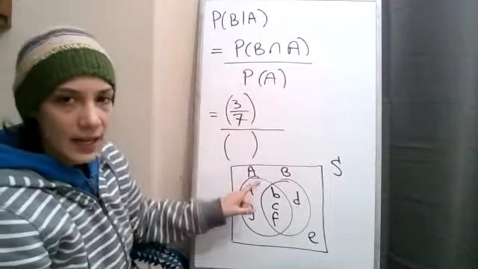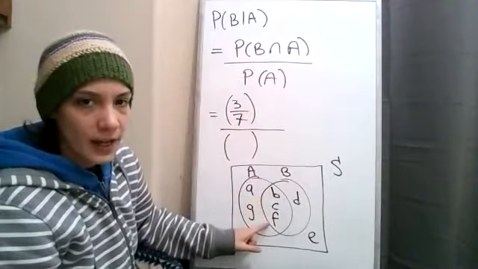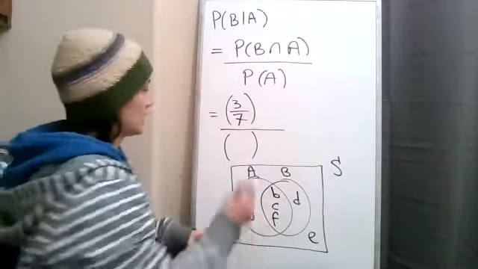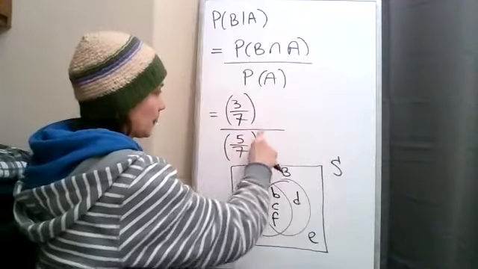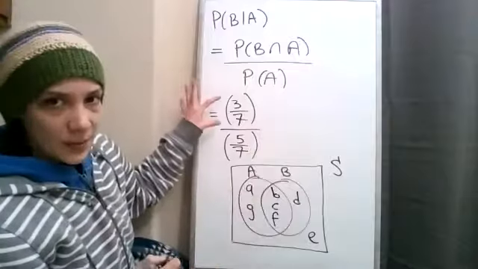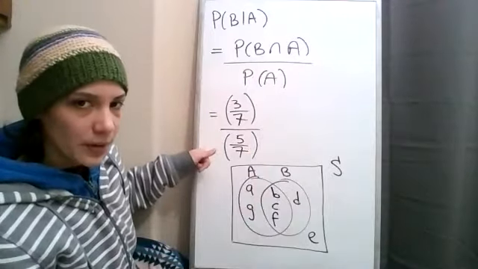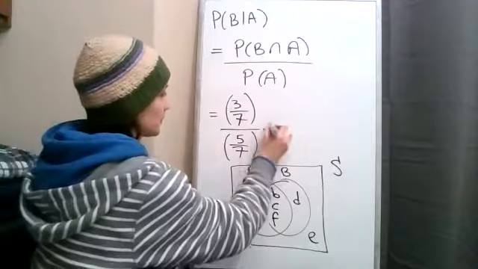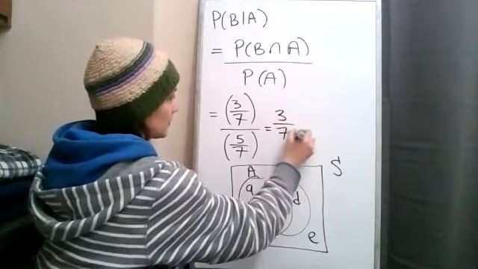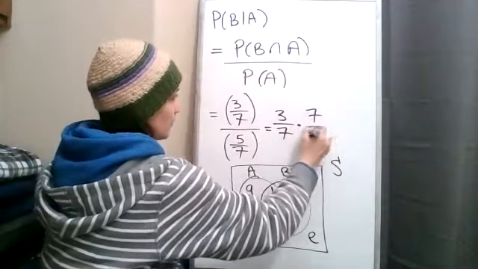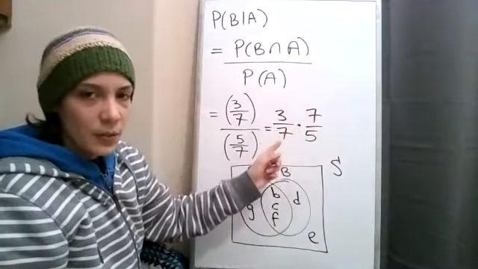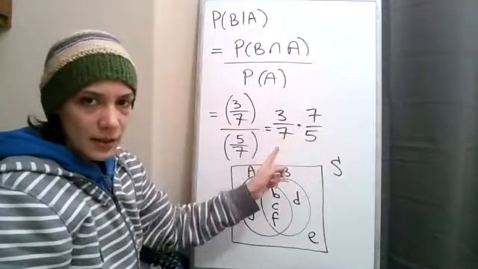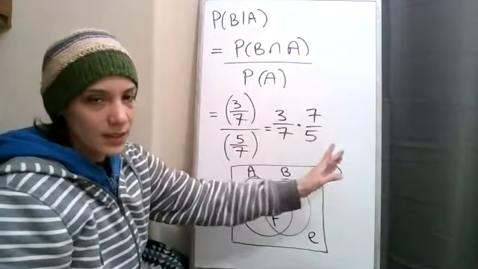Probability for A. A has 1, 2, 3, 4, 5 out of 7. Okay, you take that top fraction, multiply by the reciprocal of the bottom fraction. And that 7 over 7 reduces to 1. You can say also that they cancel out, and you get 3/5.